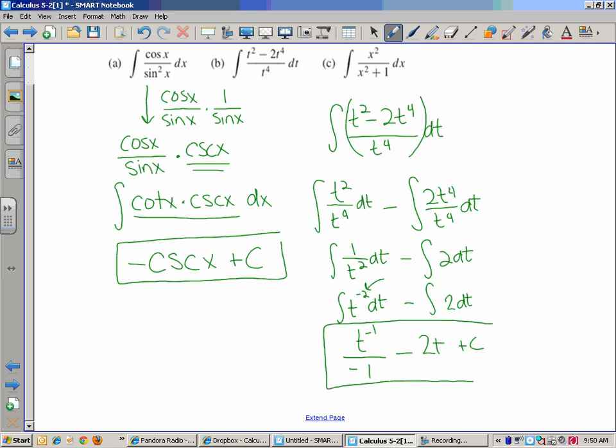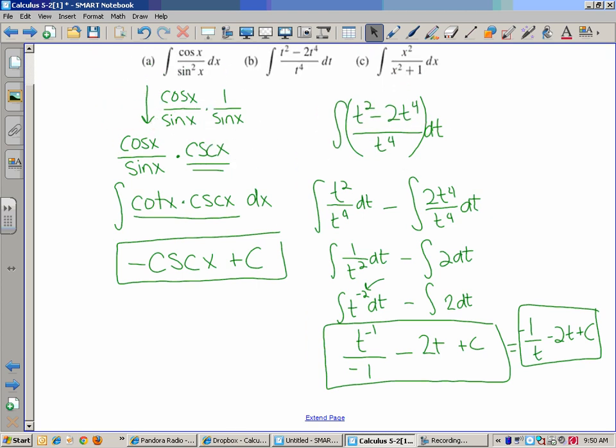Now, do I have to write it like that? No, I could write it like this. And that would work just as well. Okay? All right, so I'm going to group this.